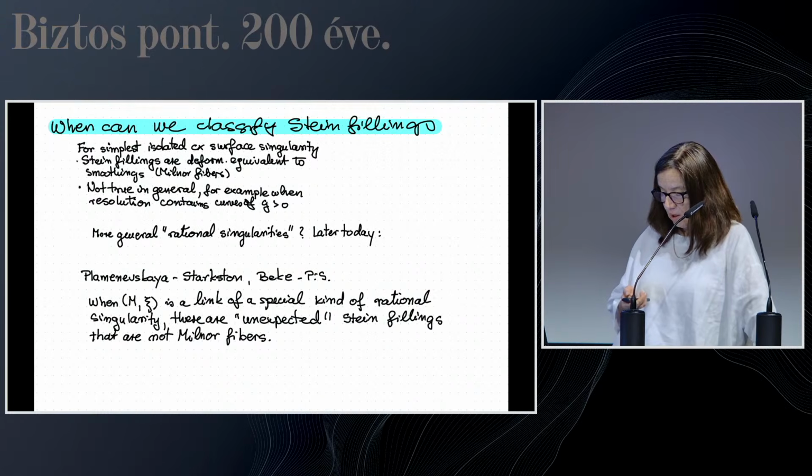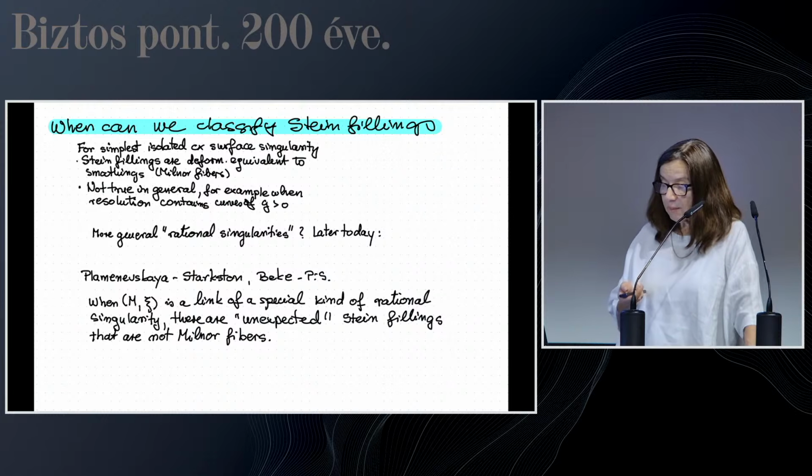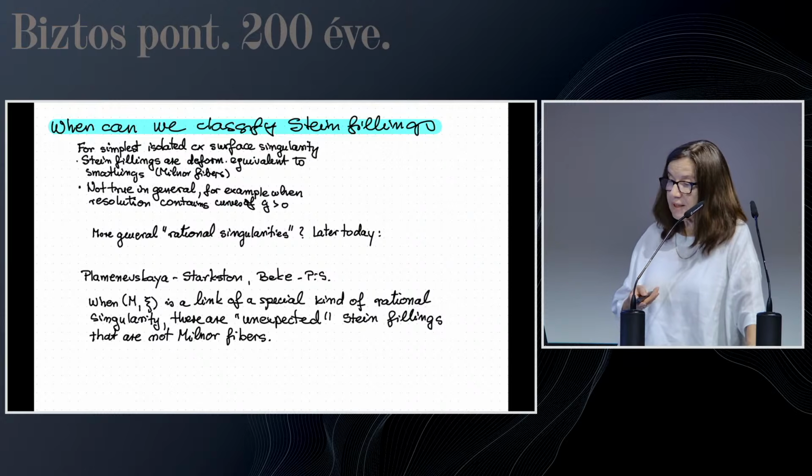So if in the resolution of the singularity we have curves with genus bigger than 0, then we have infinitely many Stein fillings. So the simplest isolated complex surface singularities were classified.